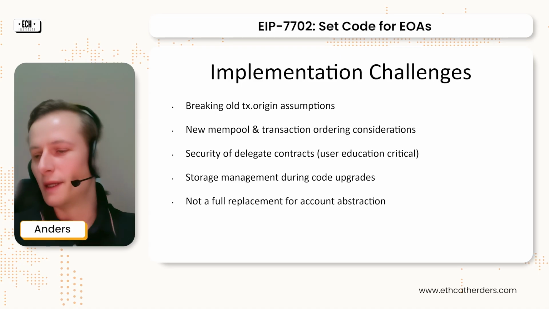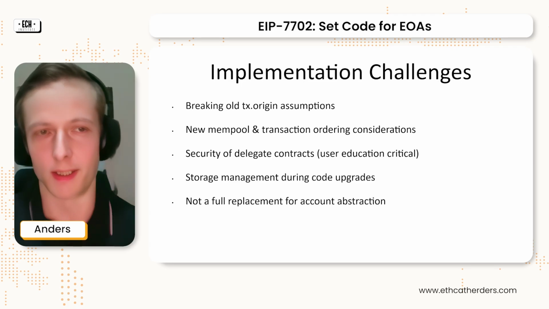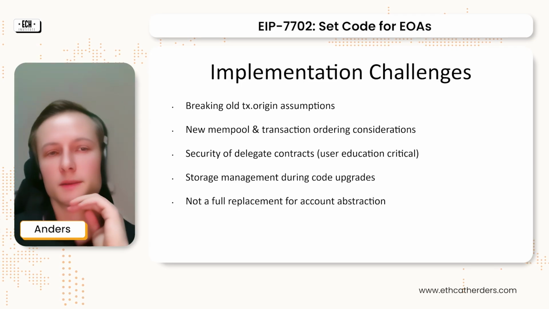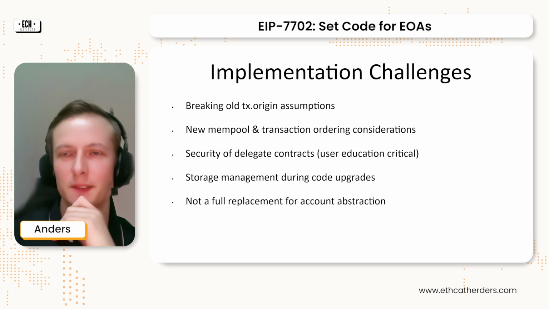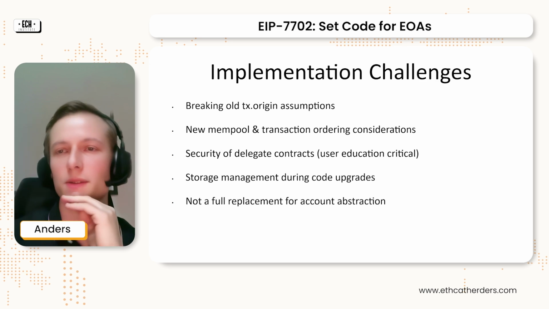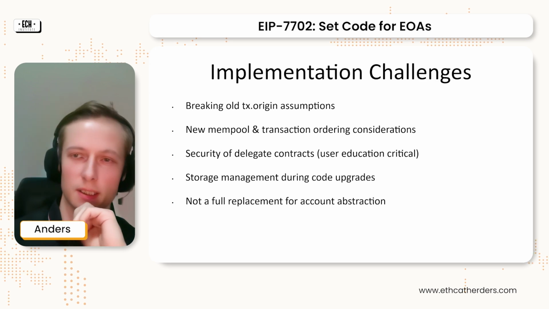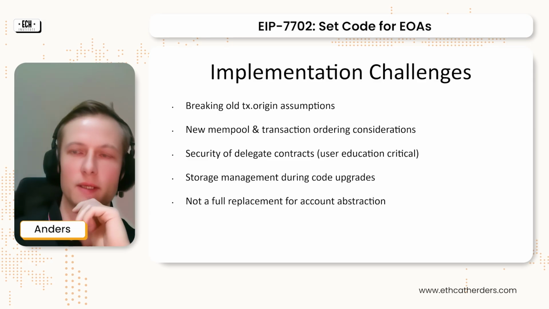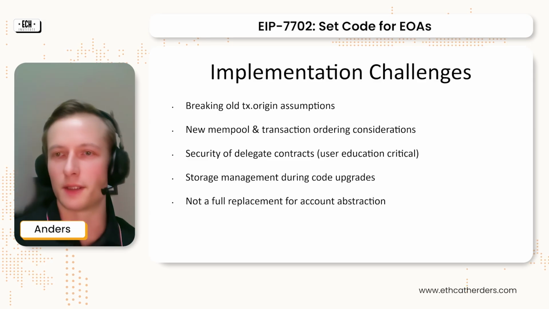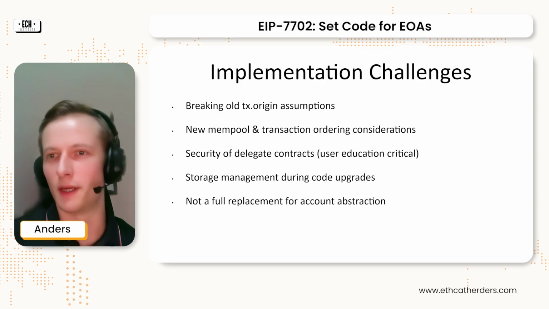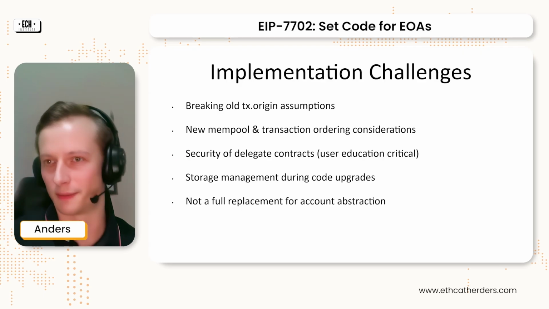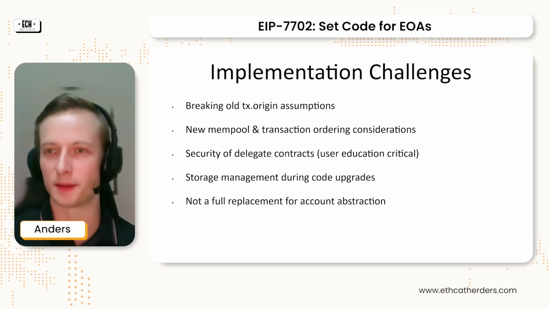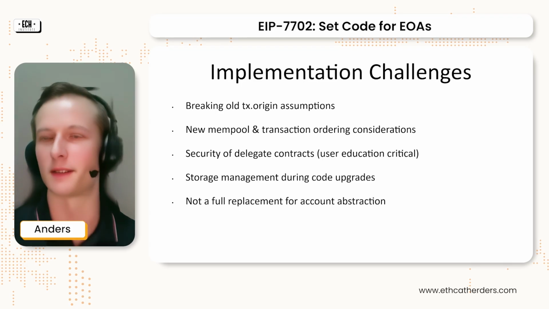Then maybe more interestingly, in the mempool, we also have some assumptions, because if an EOA is only able to sign transactions and only those transactions can be executed, then only EOA transactions can affect the EOA account. So in the mempool, we do a lot of things to try to prevent DoS attacks.